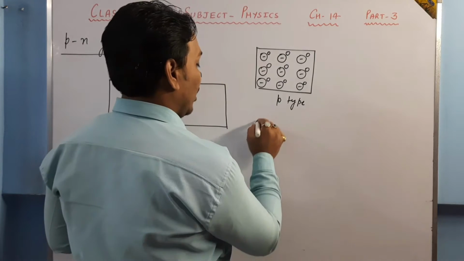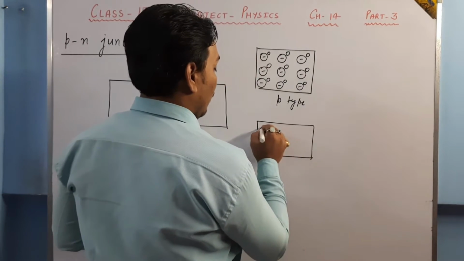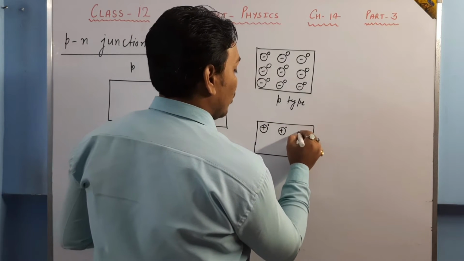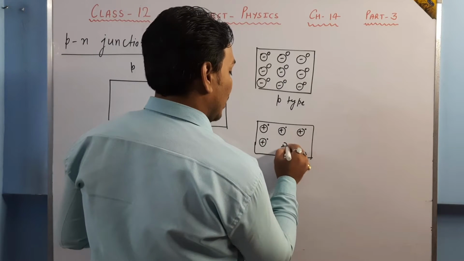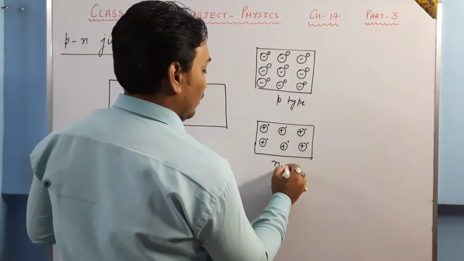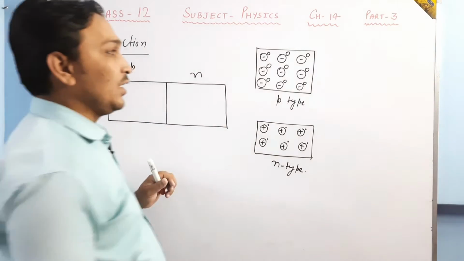And for an n-type semiconductor, how is it? For a positive ion, there is an electron. Positive ion, electron; positive ion, electron; positive ion, electron. This is the representation of an n-type semiconductor. What is actually happening?